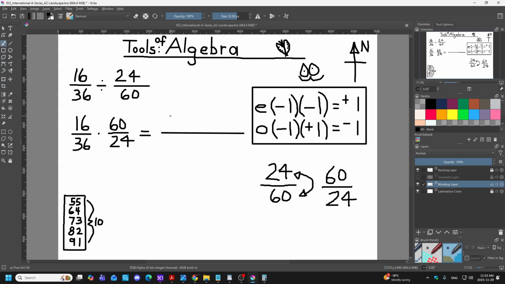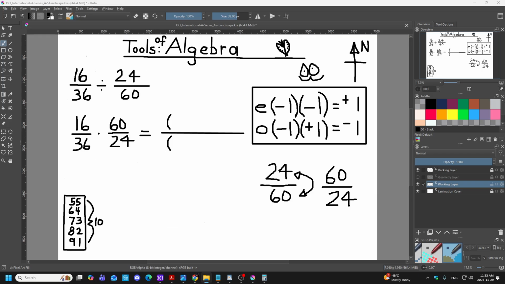We want common numbers. All right? So I'm looking at 36 and 60. We know, without writing it down, that 6 goes nicely into 36, and we know that 6 goes nicely into 60, correct? Yes, we do.